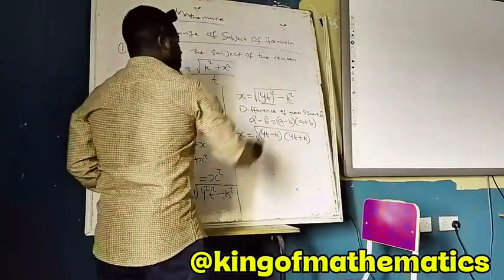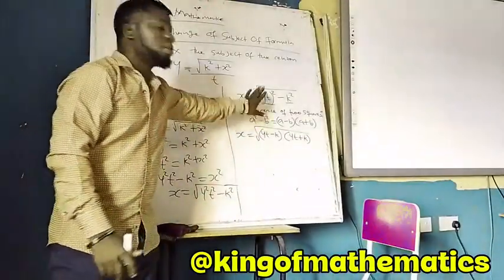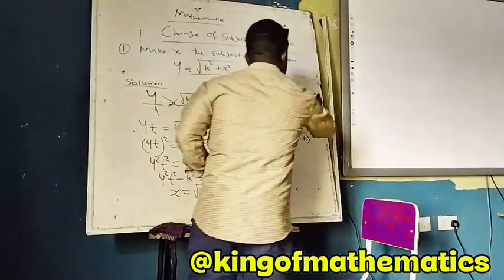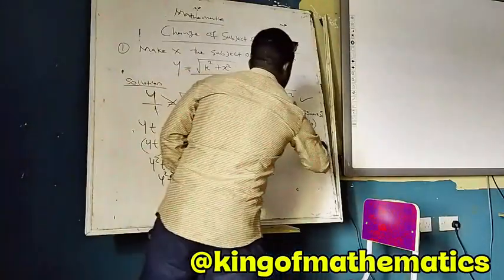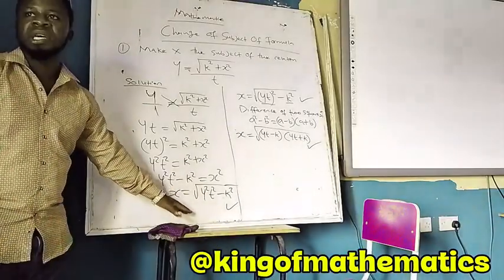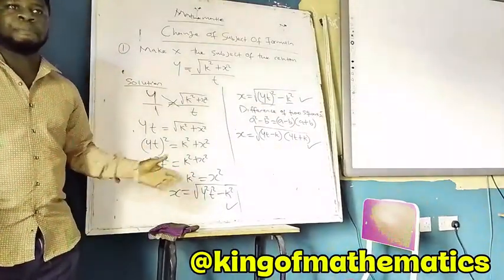So either of these answers, if you find it in your options, that is what you are going to go for. This one is correct. This one too is correct. This one is also correct. So we have three ways we have written this answer. So don't go and get this one and say the answer is not part of the options.